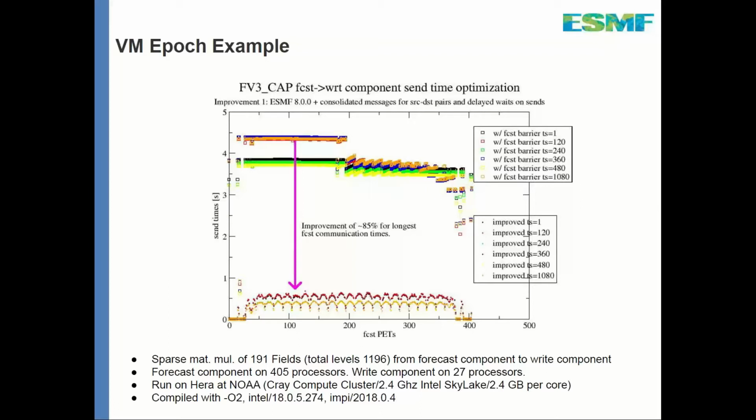This is a case where a user came to us who had a forecast component running on 400 processors, communicating with the write component running on 27 processors. And it was going slower than they wanted. Across the bottom of the graph, horizontally, are different forecast PETs, and vertically are the send times.